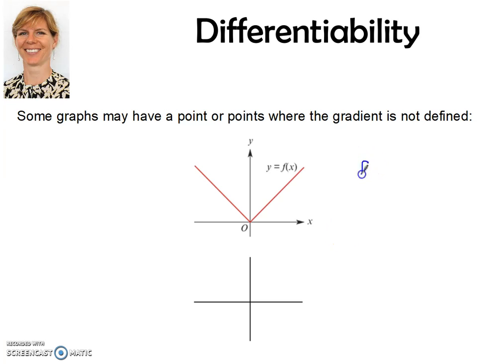So we might have f of x equals, and we don't have any numbers on here, but it looks like negative x for x less than or equal to 0, and then positive x for x greater than 0.